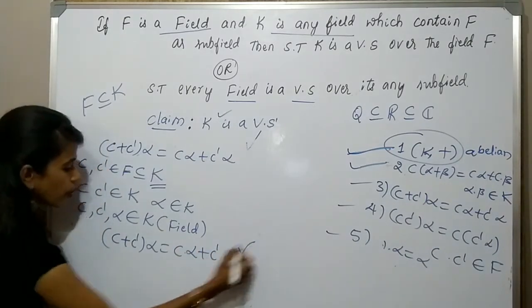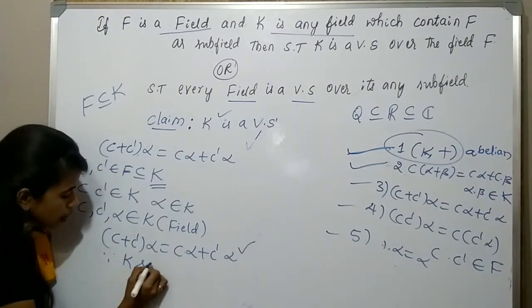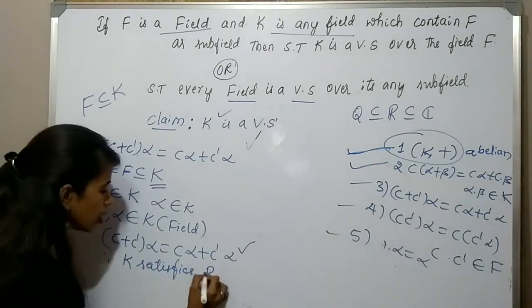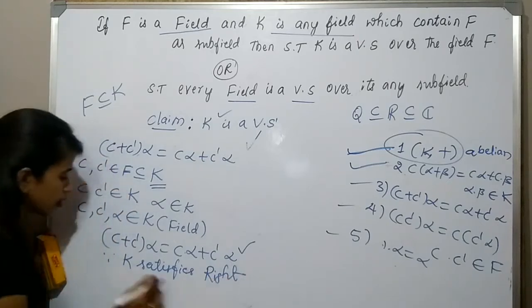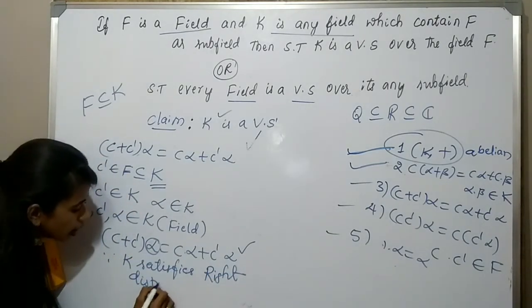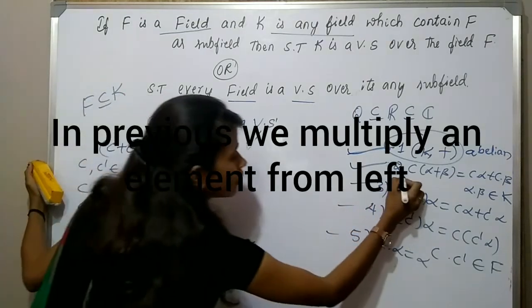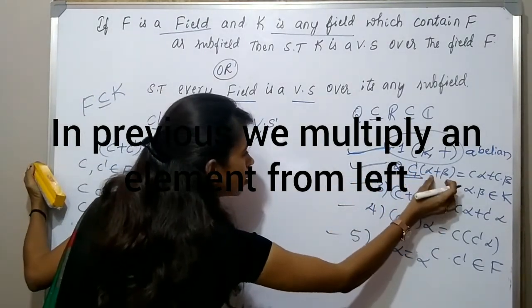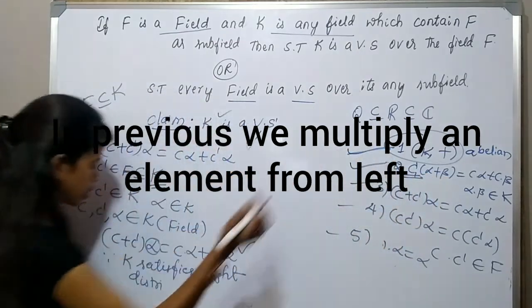So clearly this holds because K satisfies the right distributive law. Here alpha is on the right side, therefore right distributive law. In the previous one, alpha was on the left side, in c into (alpha plus beta), therefore left distributive.